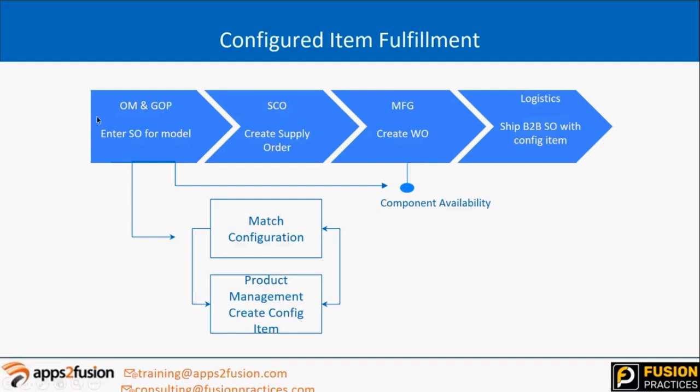In the first step, in order management, you enter the sales order, this time for a model item. You select your options. Like I said, you could select the RAM, the hard disk space, the screen size, and based on the selections, the information is sent to a matching engine.